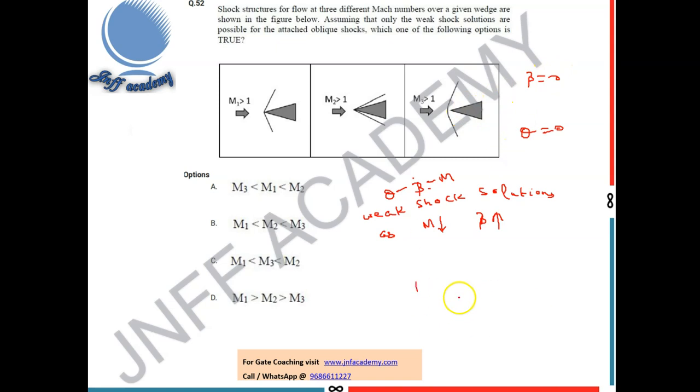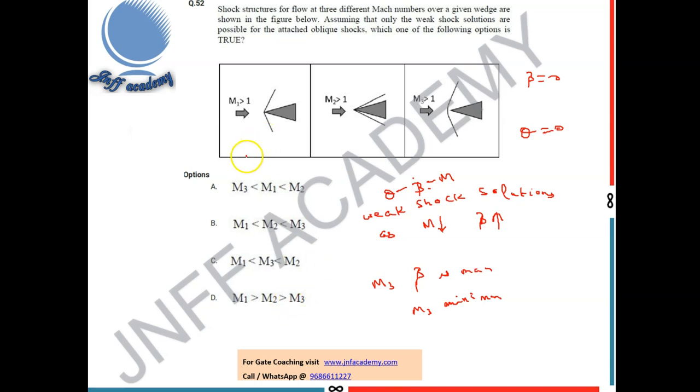So for M3, from the figure it is very clear that your beta is maximum, hence M3 will be minimum for weak shocks. So M3 is the least one. From this you see, where is M3 the least one? Option A, where you see M3 is the least one, but option D also has M3 as one of the least.